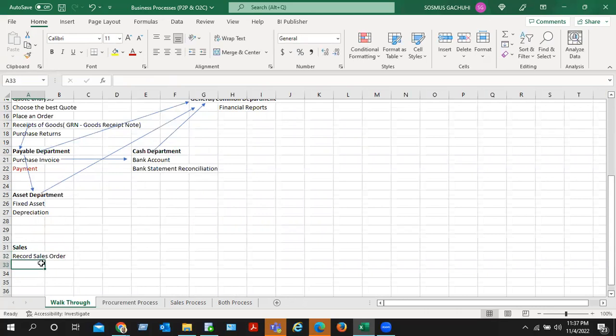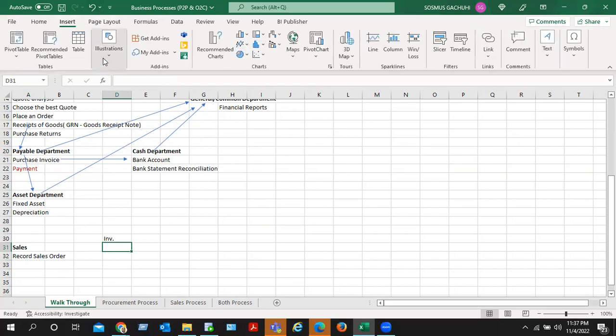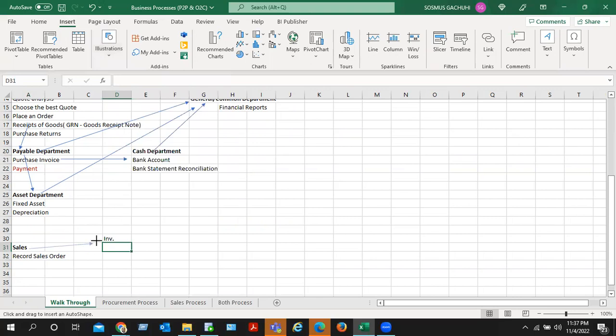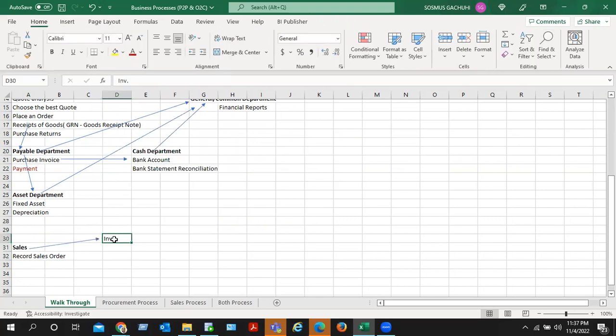Once they have recorded the sales order, they will contact the inventory department, INV. Once they contact the inventory department, the inventory department will confirm whether they have the items or goods that the customer is willing to buy.